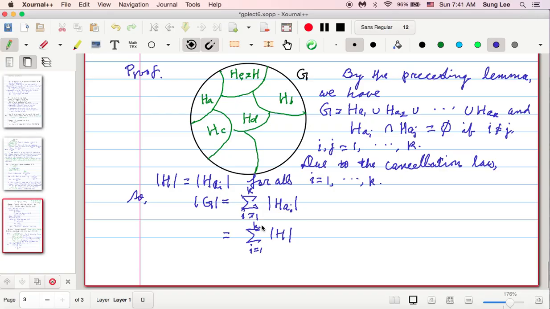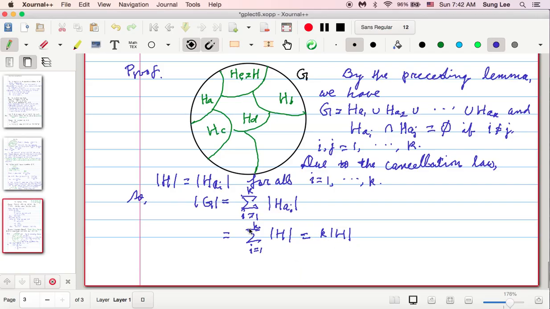the same as this. And since we are adding the order of h, so k copies of them, this equals k times the order of h. What does that mean?